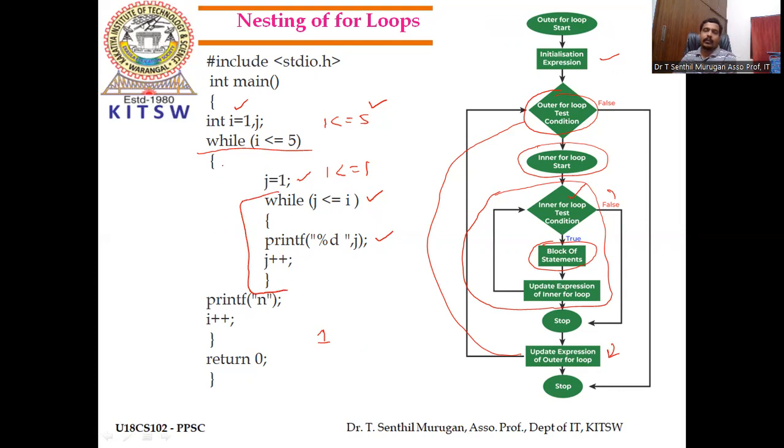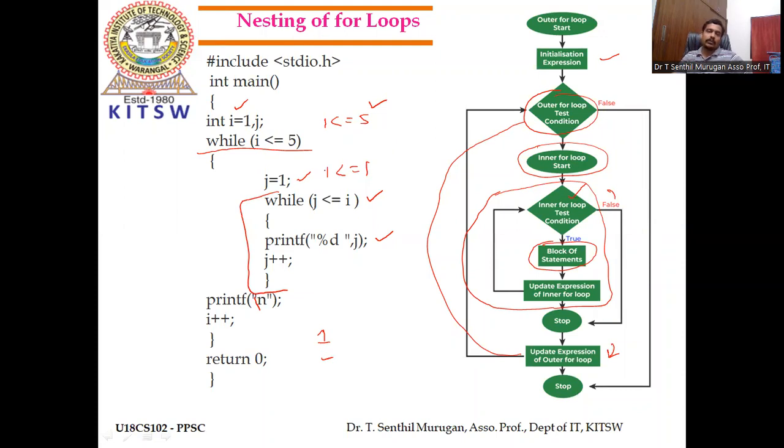So this inner while loop will be completely over, then only it will come out to the i value. The j value will be 2. Is 2 less than or equal to 1? Condition fails. Then it will come out. Print a backslash n, which moves the cursor to the next line. The i value will be incremented.